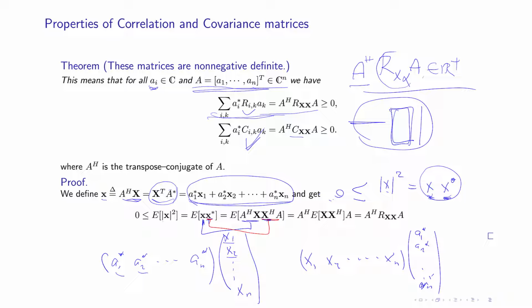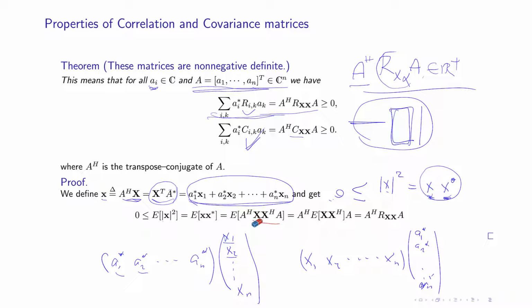Now I look at this part. Because this A Hermitian is not random, and the expected value is a linear operator, this A Hermitian is multiplied by something which is random. Here I could change the order, so I could take this one outside of the expectation.